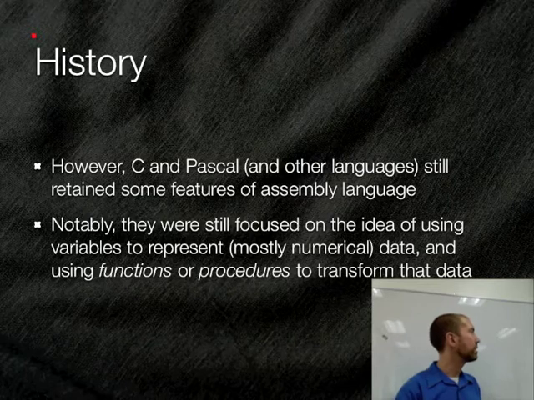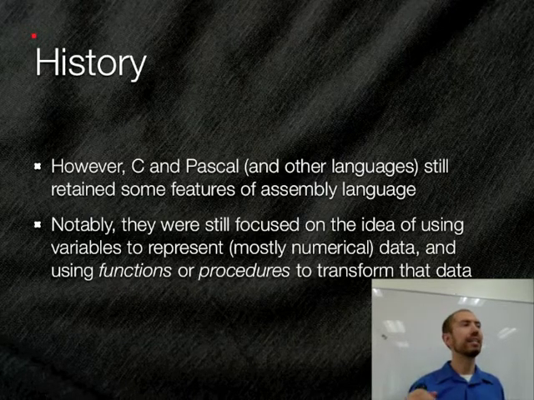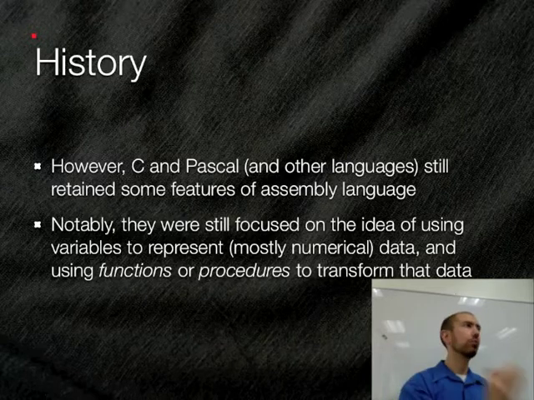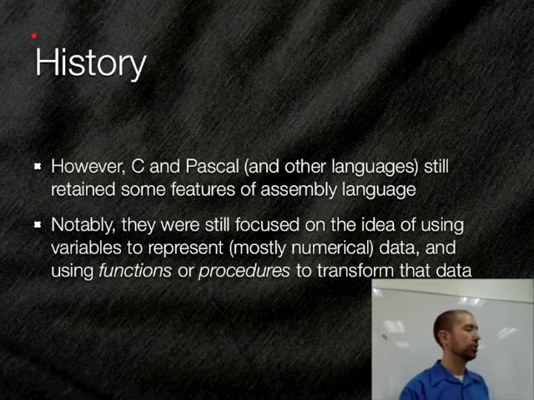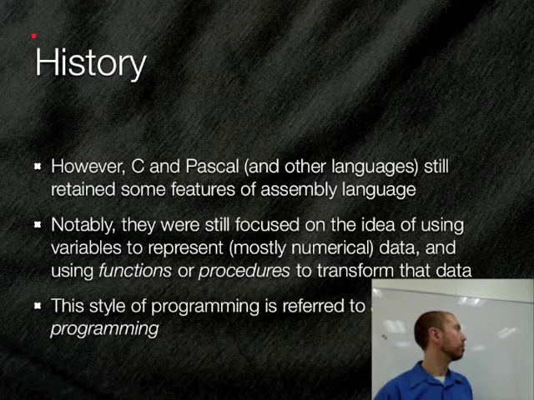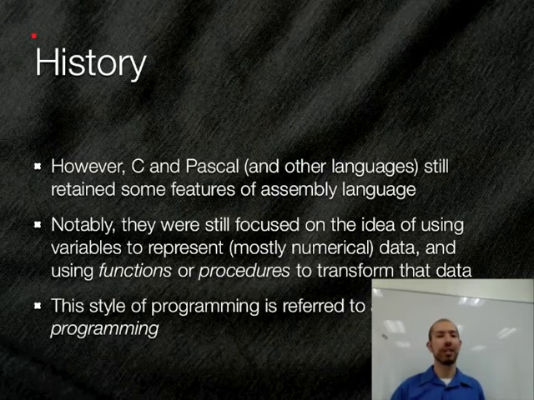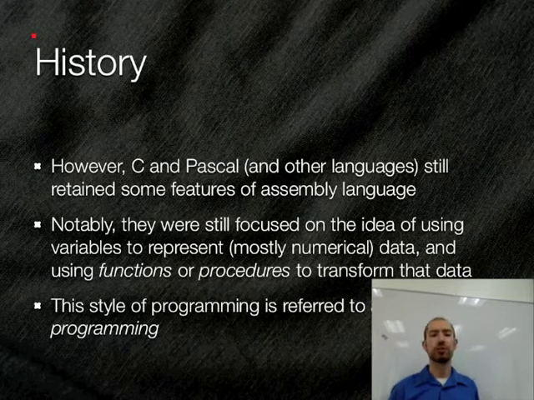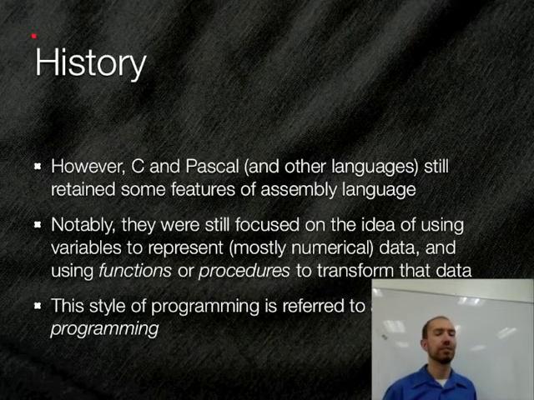C and Pascal did it in a slightly more high-level way than assembly code, but still the idea is that you've got memory and you've got a processor, and you tell the processor to do things with the information in memory, using what we call functions in C and Pascal terminology. So this style of programming is what we call procedural programming, okay? Because we use what are called functions or procedures mostly as our structuring element of the language.